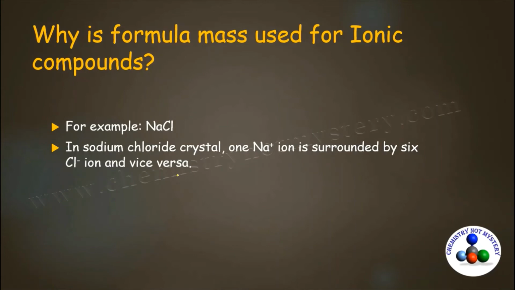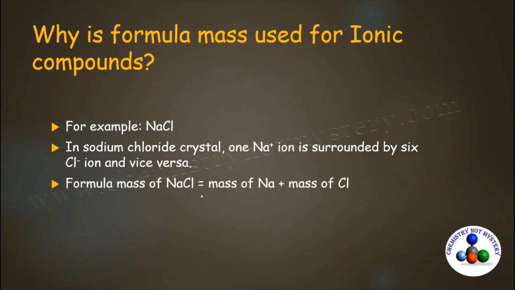That's why we can't use just molecular mass for NaCl. We have to use formula mass for NaCl. Formula mass of NaCl will be equal to the mass of Na plus mass of Cl. Mass of Na is 23 U and the mass of Cl is 35.5 U. You will get 58.5 U and it is the formula mass for NaCl.